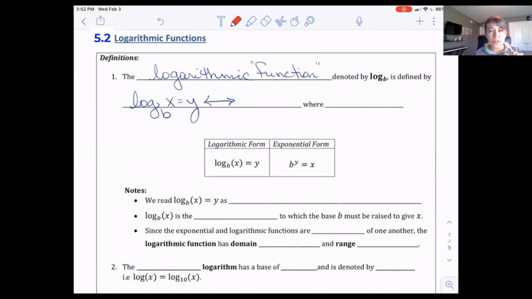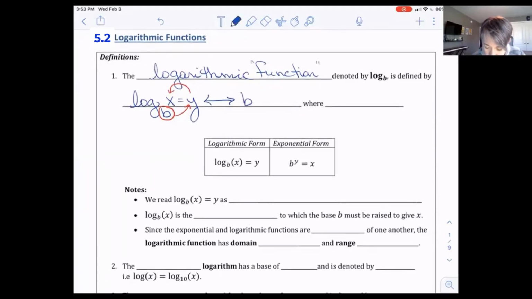If we circle the base of the logarithm, the b, the base of that logarithm is the same thing as the base of an exponent. So if you took b to the power of y, it should equal your argument x. In other words, we can rewrite that logarithm as base b to the exponent of y equals x.